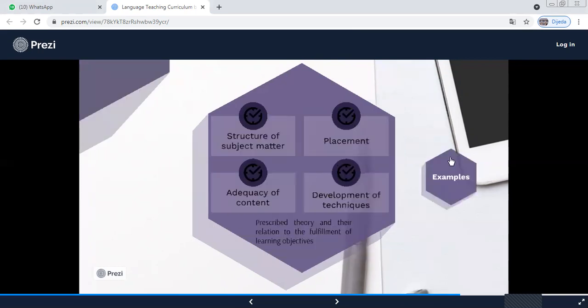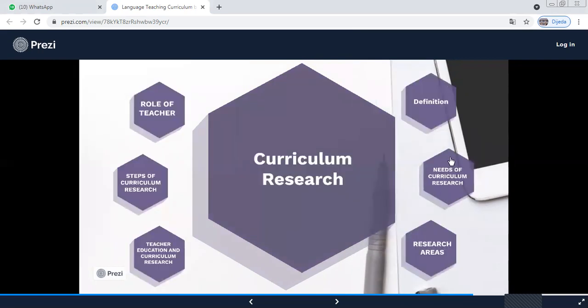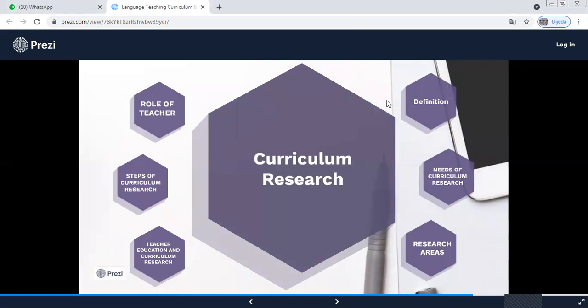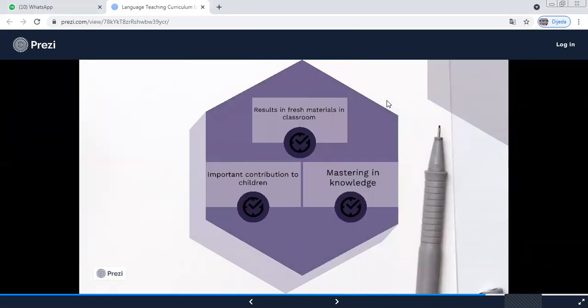And then about teacher education and curriculum research. Involve results in fresh material in classroom, important contribution to children, and then mastering in knowledge.